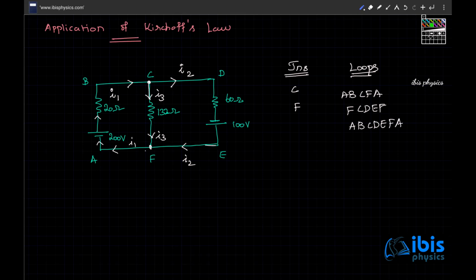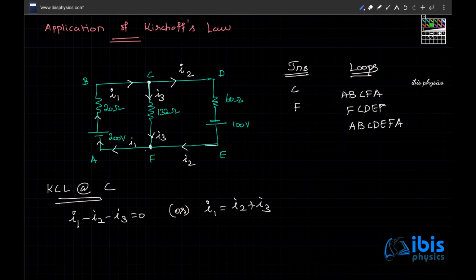Let's first apply Kirchhoff's current law at junction C. I1 is the current toward the junction, I2 and I3 are away. So I1 minus I2 minus I3 equals 0, or I1 equals I2 plus I3.